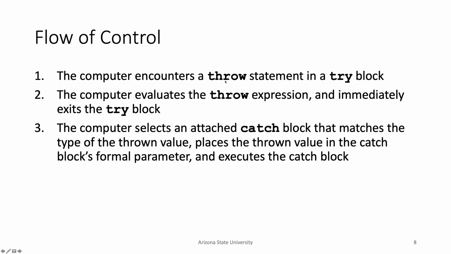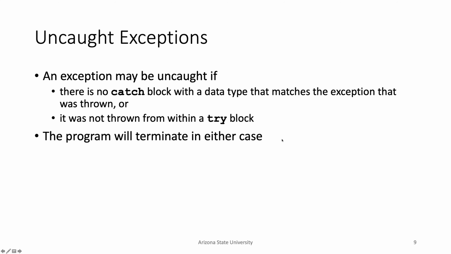Okay, so if you encounter a throw statement, you immediately get out of the try block and you go to the corresponding catch block. Okay, what if you forget to have the corresponding catch block or just don't have any catch blocks at all? The program will stop no matter what happens there.